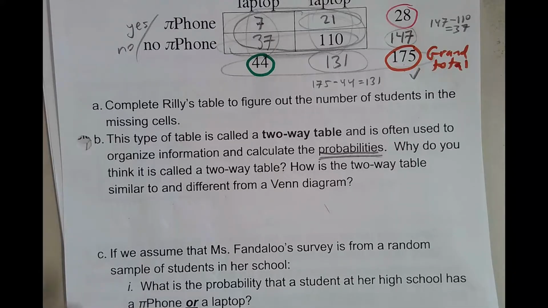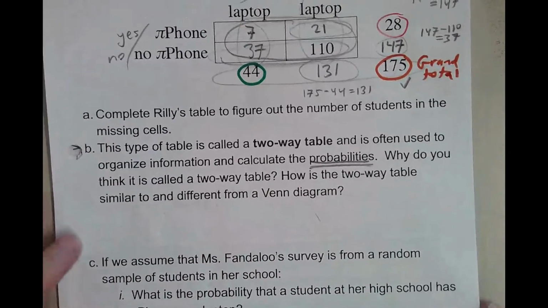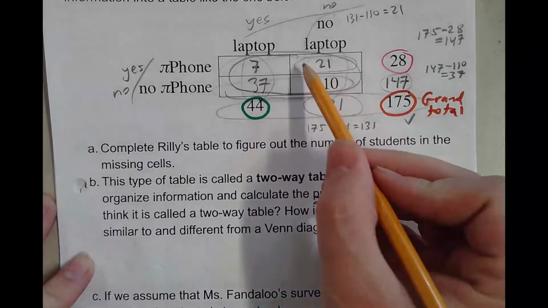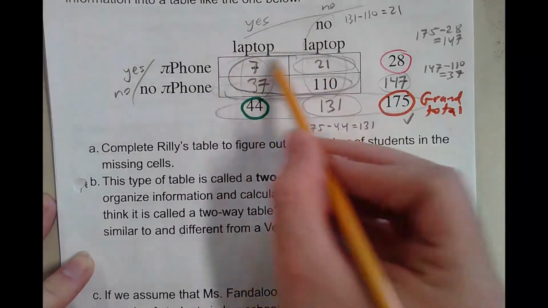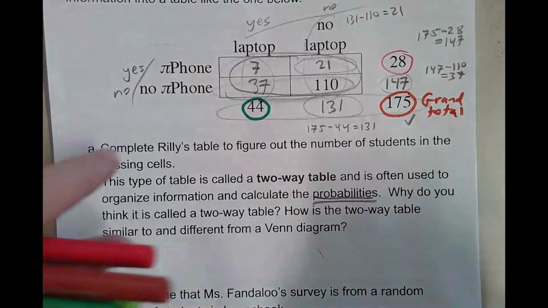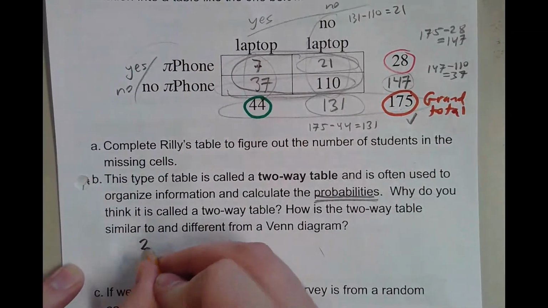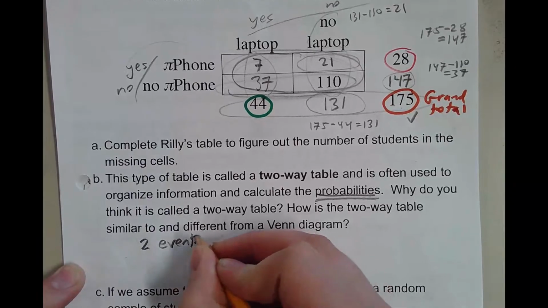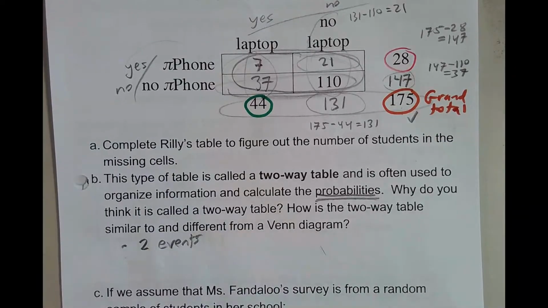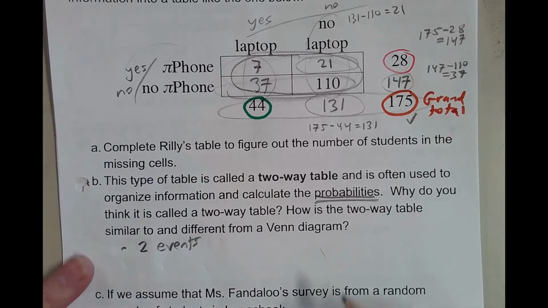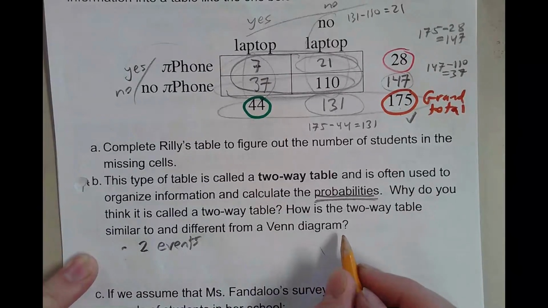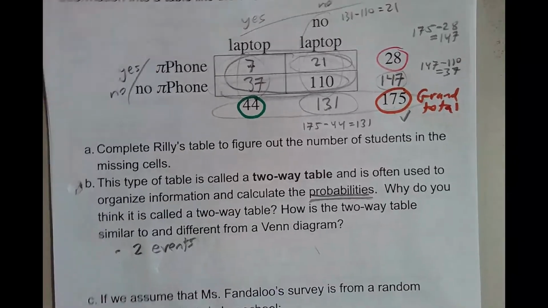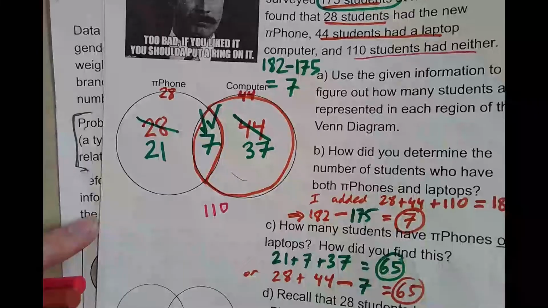So you can put your own answer there. I think it's called a two-way table because it covers the yes and the no for everything, and it involves two different events or variables. Two events. And what's the main difference between a two-way table and a Venn diagram like this one right here?